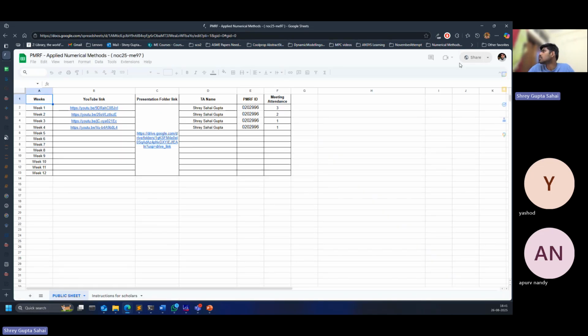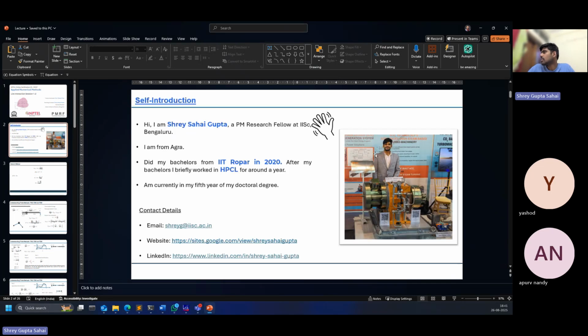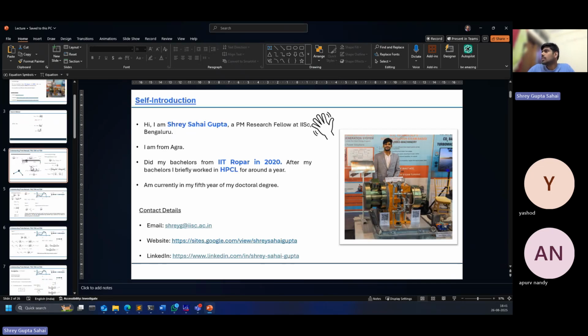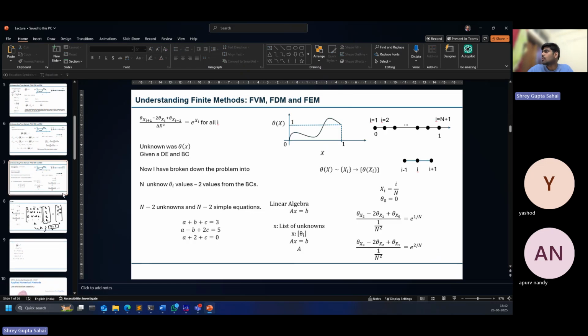Most people watching this series would know me. We were looking at finite volume, finite difference, and finite element. The first lecture was a glimpse into numerical methods. The second session started with finite difference. The third session was on finite volume.